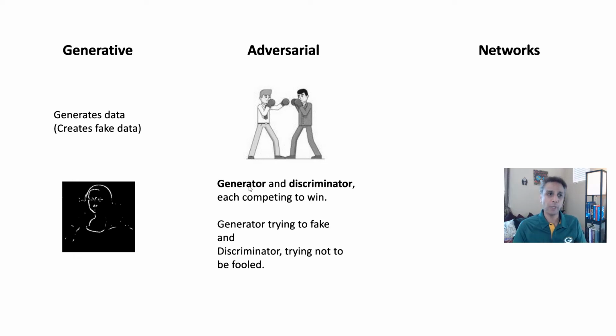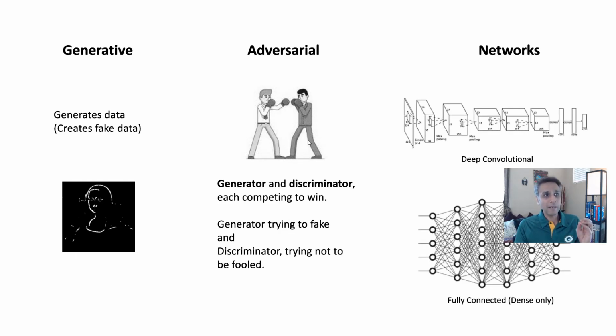So they both compete to win, and they both develop as we keep training these two algorithms. Eventually, there comes a point where the generator is good at generating fake images that look realistic enough that the discriminator cannot discriminate, meaning the probability of that image being fake or real would be 0.5, right? It doesn't know which one it is. That's when we know that this is a great generator that I can use to generate more images that are realistic looking, but they're fake.